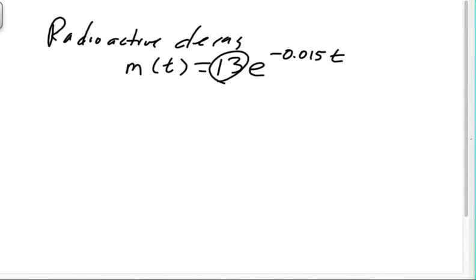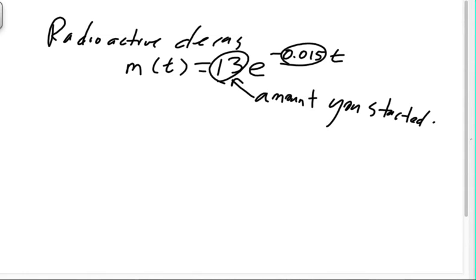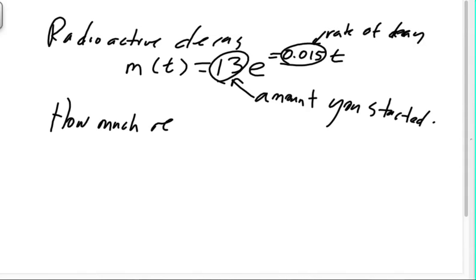All right, 13 is the amount you started with, and negative 0.015 is the rate of decay. And we know it's decay because of the negative. What we want to do with this is find how much remains after 45 days.